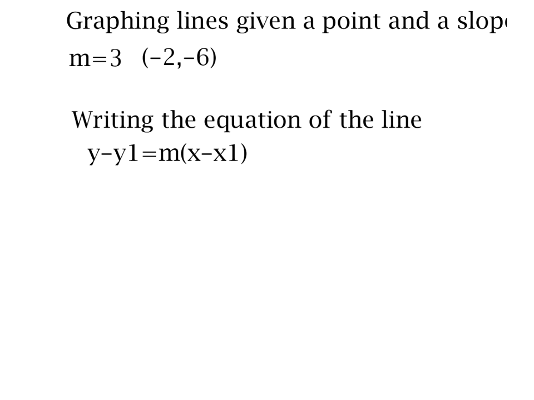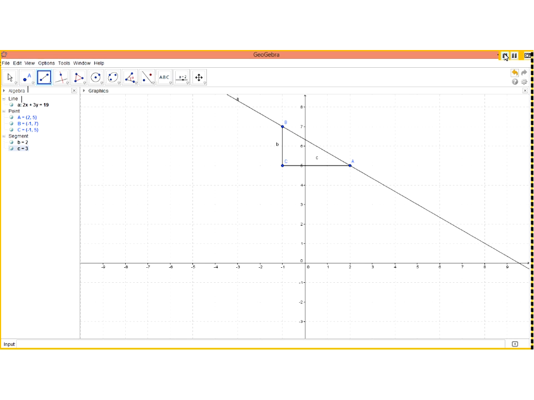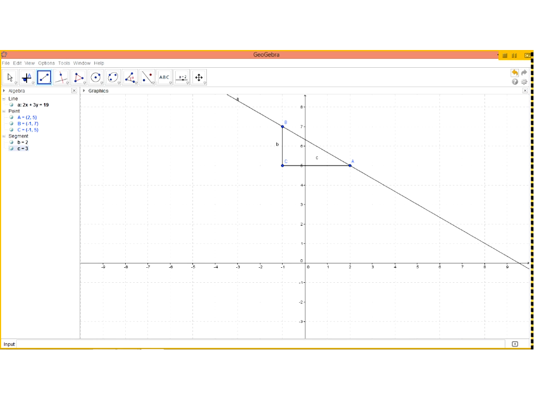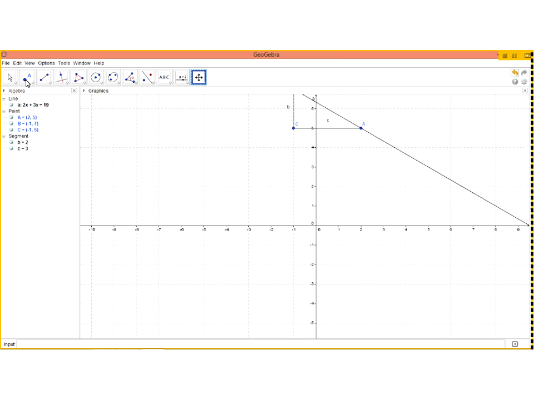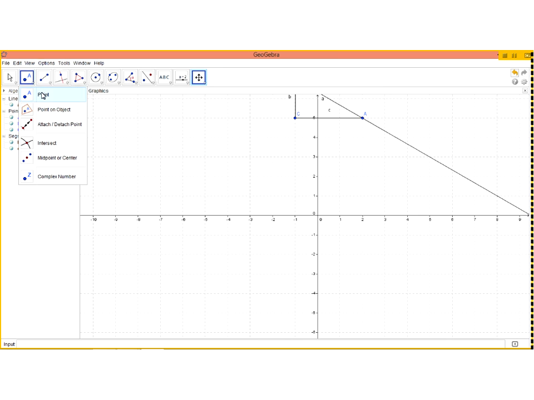I can also graph a line given a point and a slope. So I'm going to have the slope 3 and the point (-2, -6). First, I go to the point (-2, -6).